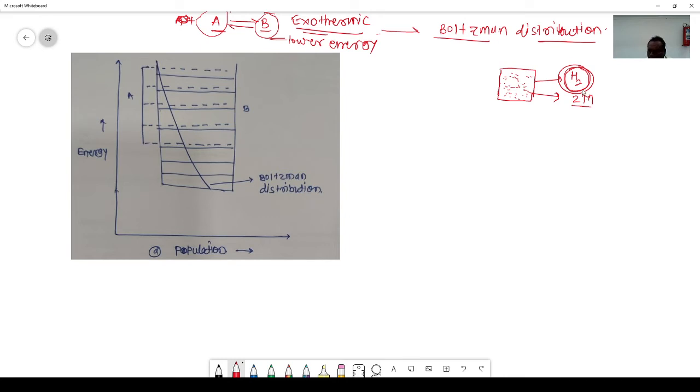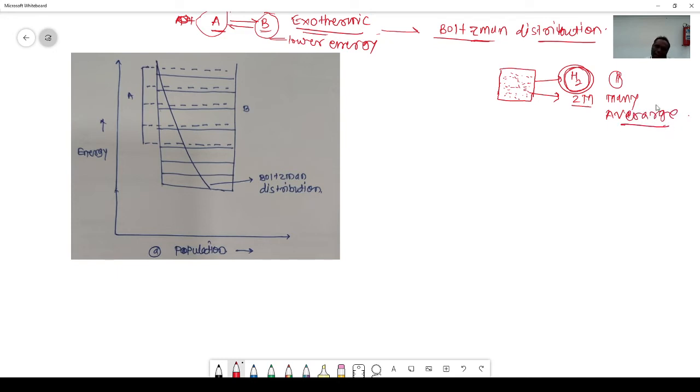Now, we are talking about the Boltzmann distribution. Remember that some of the gas molecules will have higher energy than the average, some will have lower energy than the average, and many of the gas molecules will have the average kinetic energy.